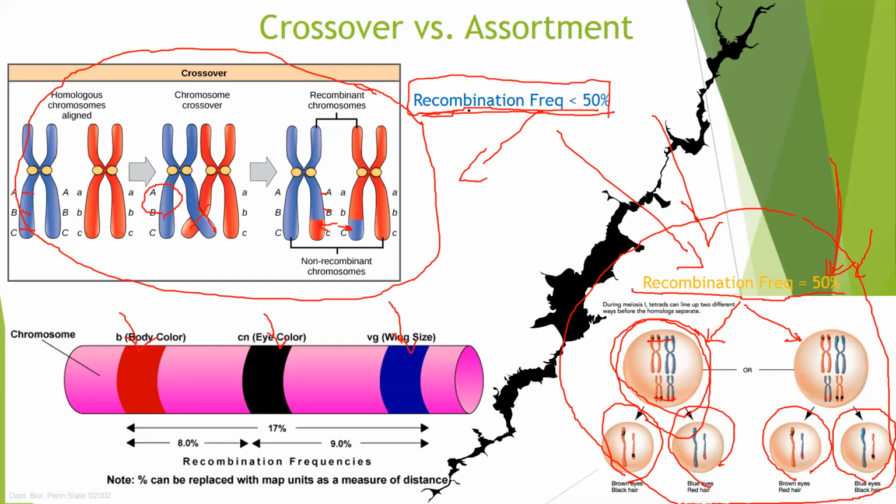This is a criterion we're going to use in the future to tell whether these 2 genes are located on 2 different chromosomes or not.